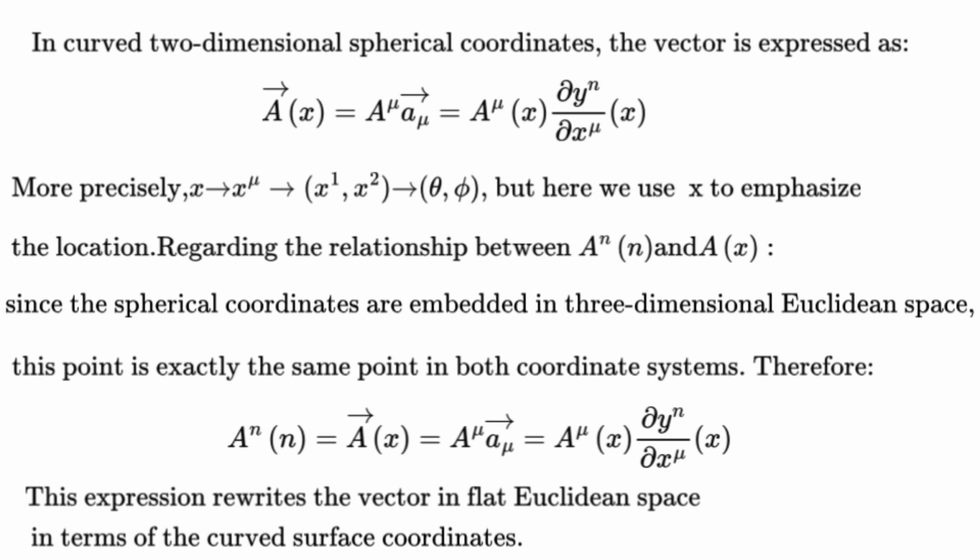Regarding the relationship between a^n(x) and a^mu(x), since the spherical coordinates are embedded in three-dimensional Euclidean space, this point is exactly the same point in both coordinate systems. Therefore, this expression rewrites the vector in flat Euclidean space in terms of the curved surface coordinates.